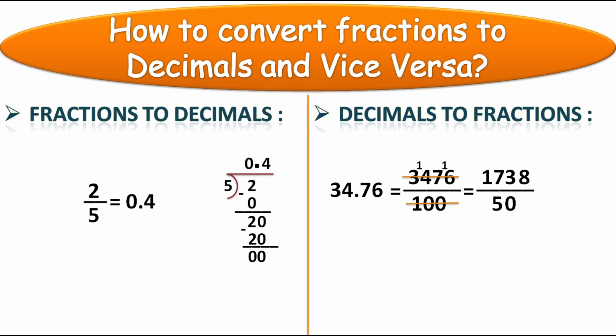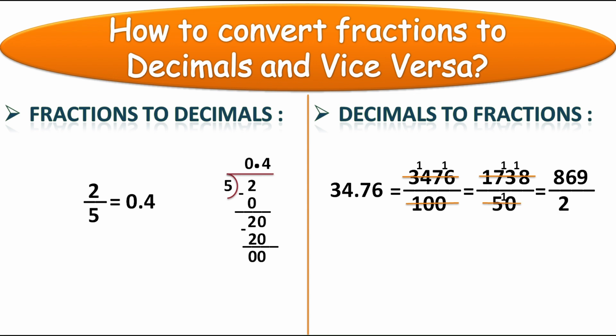Now again we have to divide, as both the numbers are even. Now 2 8s are 16. We have 1 as remainder. Now 2 6s are 12. Again we have 1 as remainder. Now 2 9s are 18. Now here 2 2s are 4 and 1 as remainder.